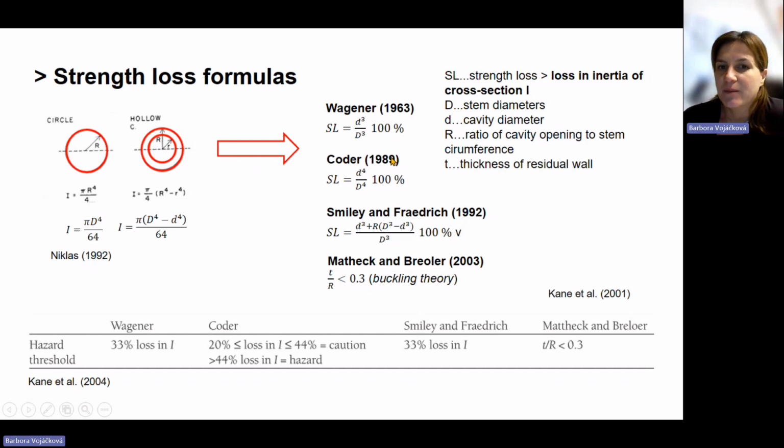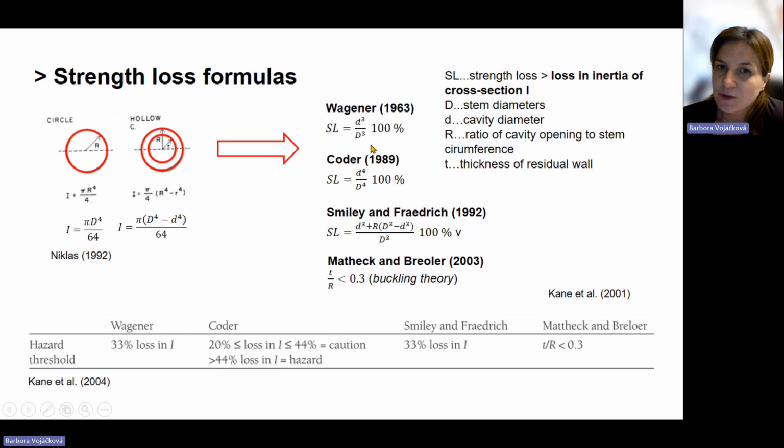They provide these formulas and say that when you take the diameter of the cavity to the power of 3 or 4, and divide it by the diameter of the stem to the power of 3 or 4, depending on the approach, you get something like strength loss formulas. And if this number is higher, if the loss is higher than 33%, or about 30%, the tree can be considered a danger.